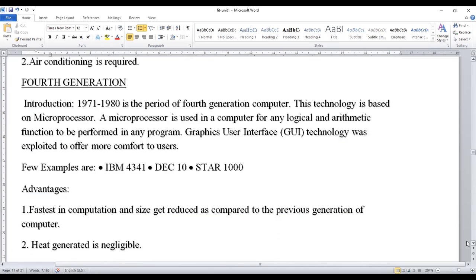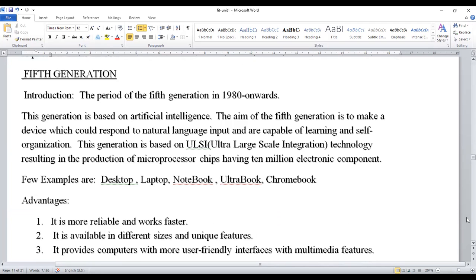Fourth generation computers. 1971 to 1980 is the period of the fourth generation computer. This technology is based on the microprocessor. A microprocessor is used in a computer for any logical and arithmetic functions to be performed in any program. Graphical user interface technology was exploited to offer more comfort to the users.